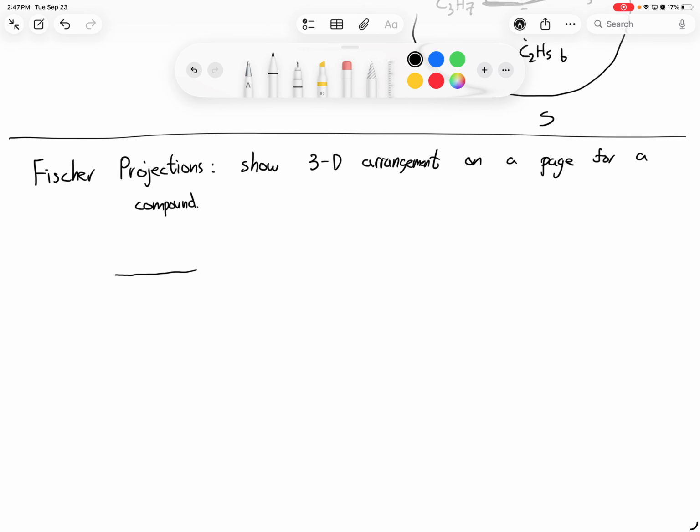It's a bunch of crossed lines, and each of these points here are carbon atoms, the tetrahedral carbon atoms, okay? All right. So in the Fischer projection, these vertical lines here, these are bonds that are away from you, away from the viewer.